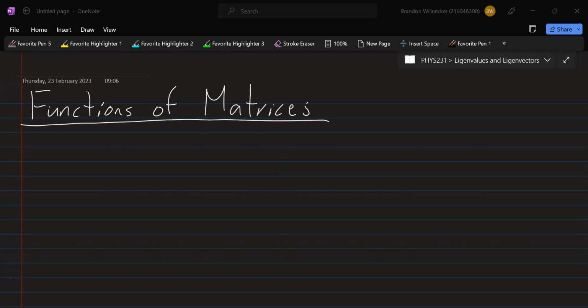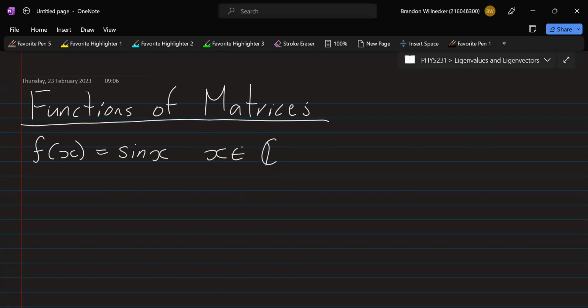So let's say we have a function f of x equal to sine of x, where x is, let's say, a complex number. We know how to work with that. This is well defined. We can calculate this for any complex number. Everything is fine. But then what about the following?